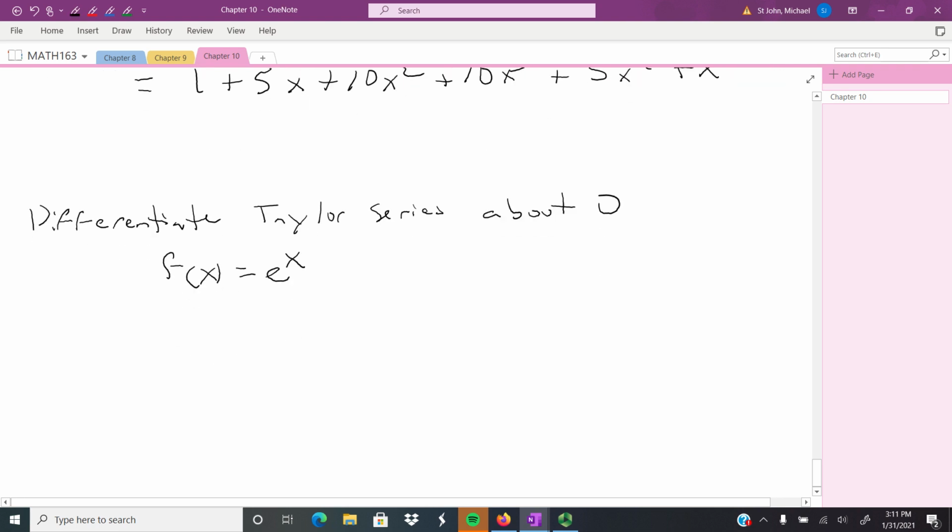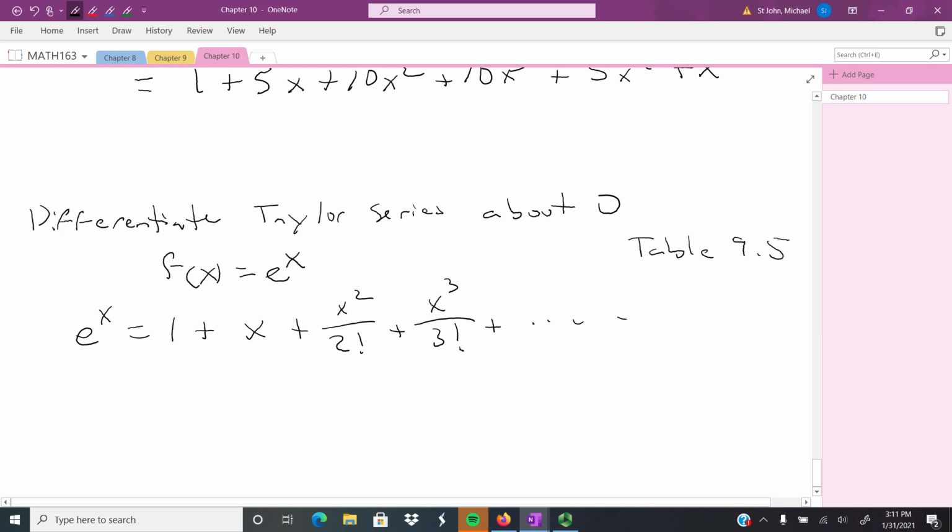And then it ends up the Taylor series expansion for e^x is given by this: 1 + x + x²/2! + x³/3! + and so on. And there is a table in the book, table 9.5, which has Taylor series for a bunch of different functions.